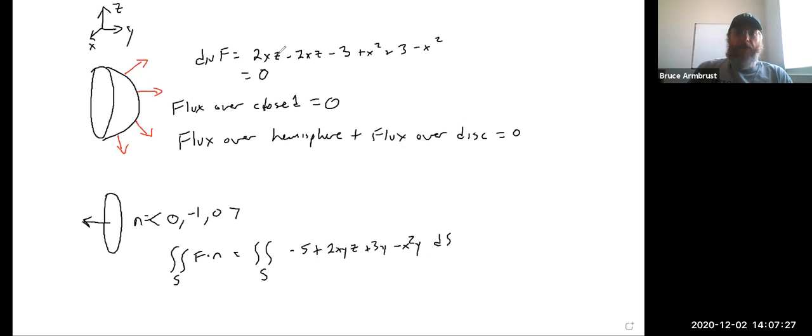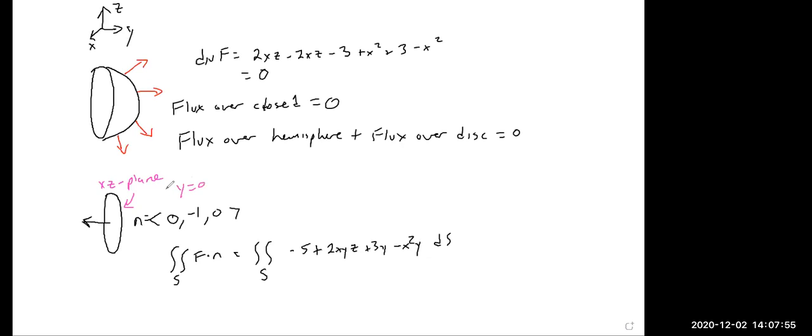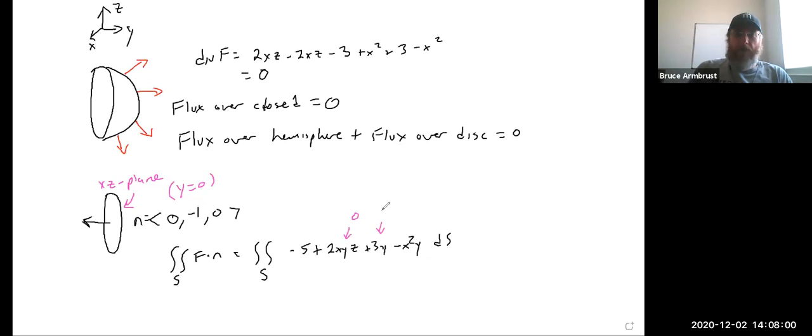Because this piece right here is on the xz plane, right? What's the equation of the xz plane? Yeah, it's just y equals 0. Which means we can put 0 in here for all our y's.